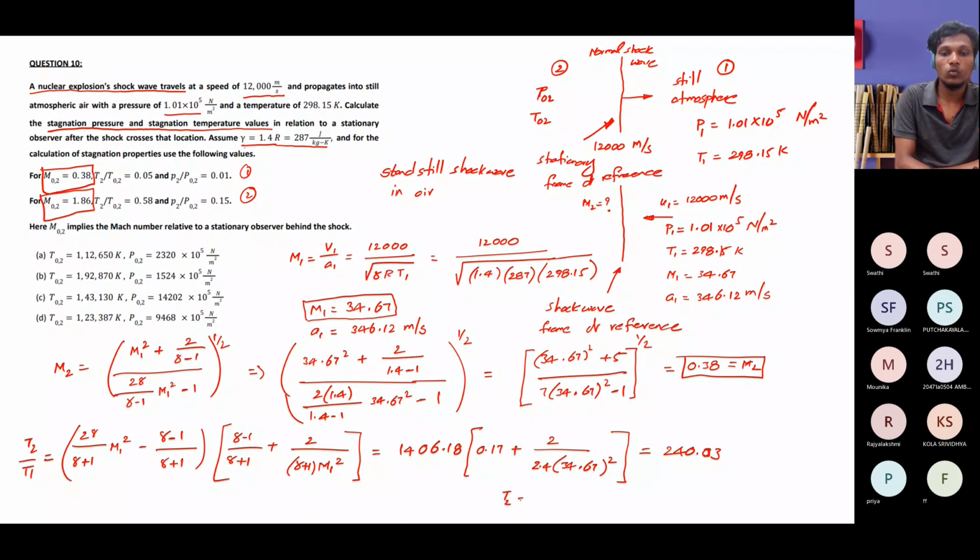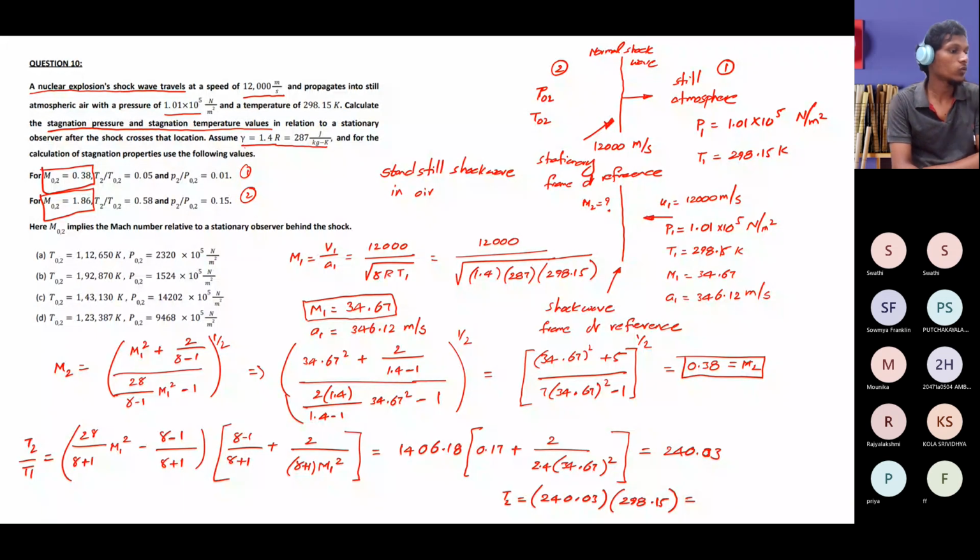So T2 equals 240.03 times T1. What is T1? T1 is 298.15.